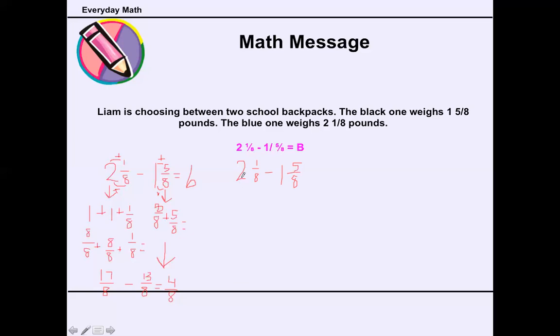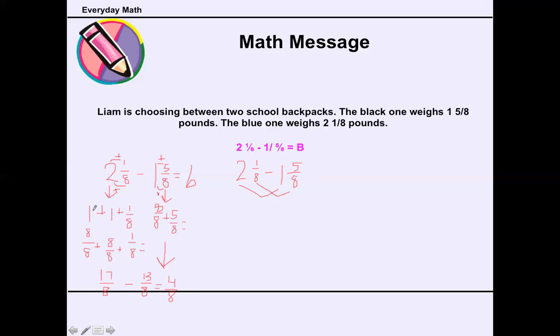So I can only subtract a whole number from a whole number, and a fraction from a fraction. So I could do 2 minus 1 is 1. Great, everything looks good there. 1/8 minus 5/8. That's when something goes in my head, ding, ding, ding, something's wrong, because I cannot subtract a smaller fraction from a larger fraction. So I need to change something here.